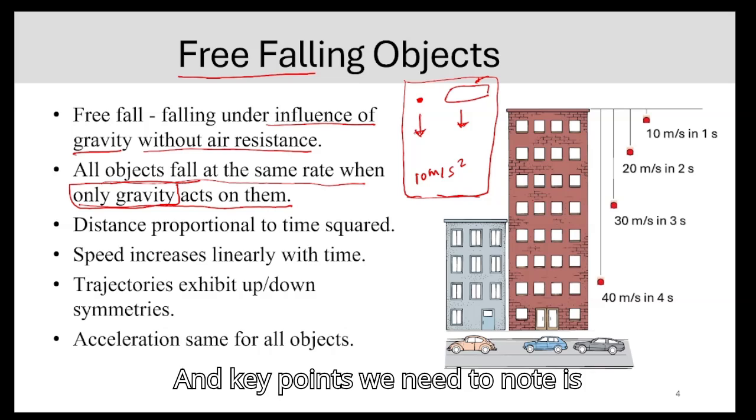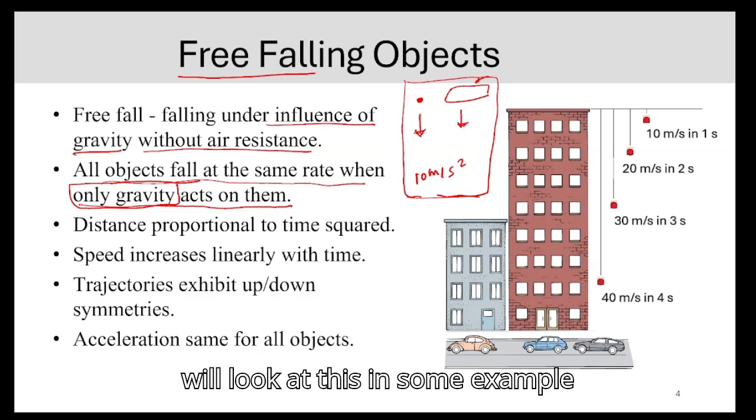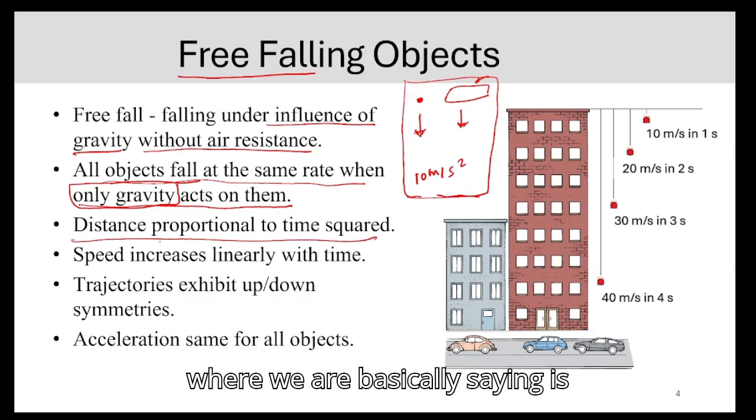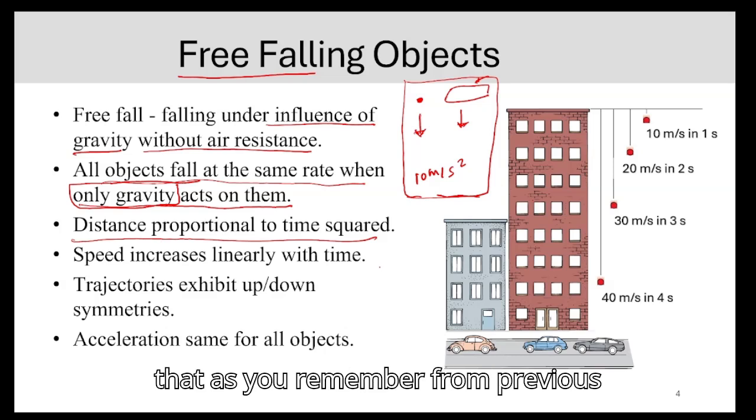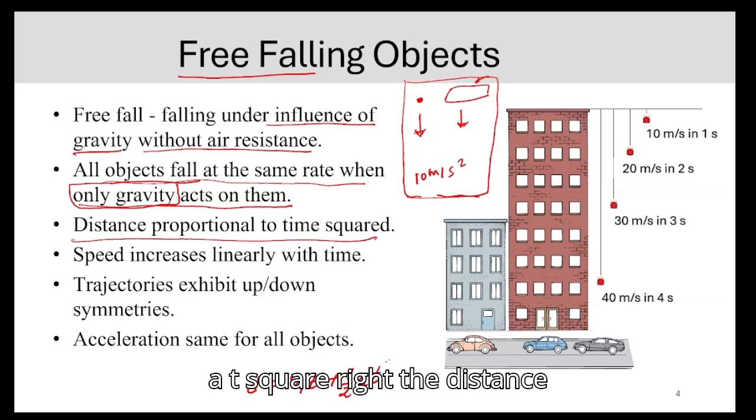A key point we need to note is that the distance is proportional to time squared in free fall. We will look at this in some examples. As you remember from the previous section, distance is equal to v1 t plus half a t squared.